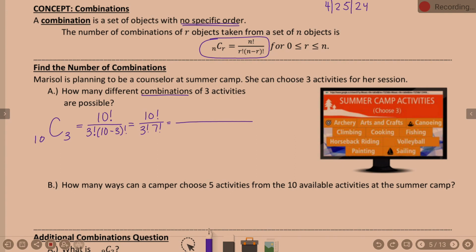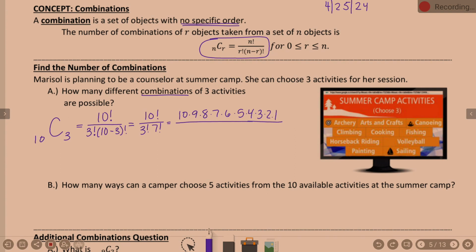So, remind me, what does 10 factorial mean? 10 times 9 times 8 times 7 times 6 times 5 times 4 times 3 times 2 times 1, all multiplied together. Okay?